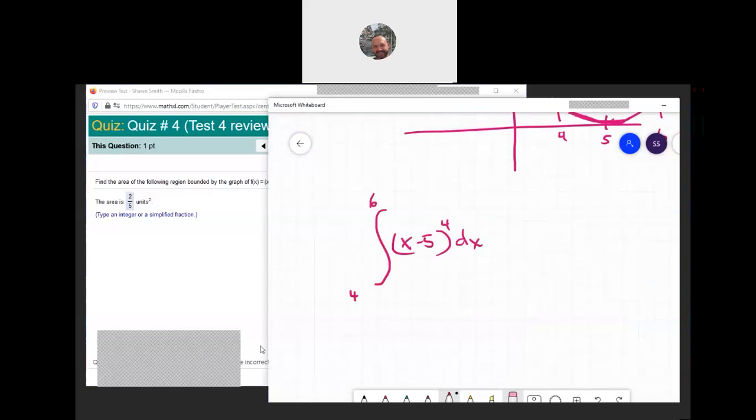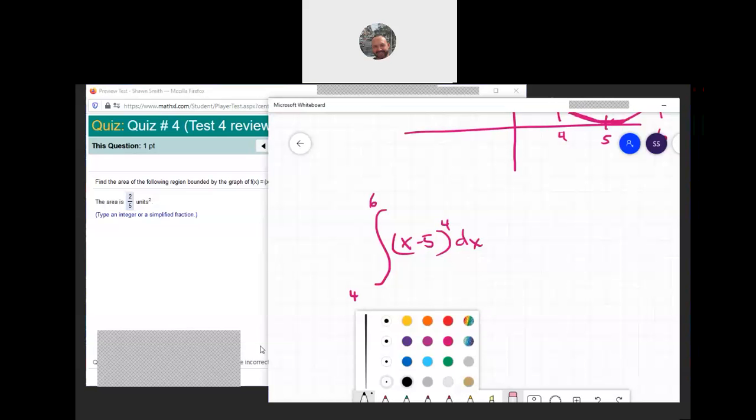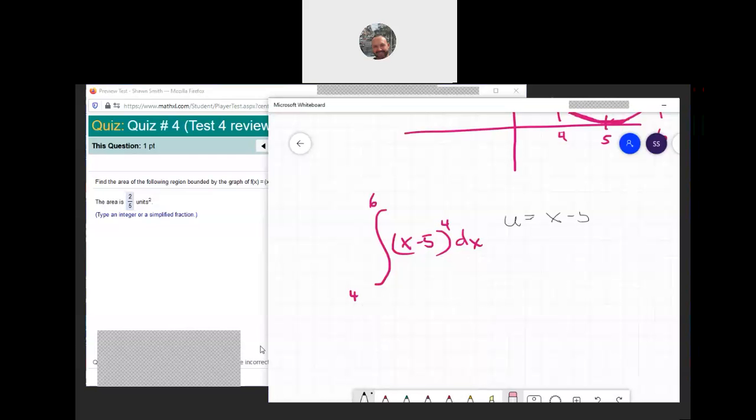All right, so you got to use a substitution because it's (x minus 5) to the fourth. So we're going to let u equal x minus 5. Therefore, du over dx, the derivative of that, is 1. Therefore, du is equal to 1 dx. 1 dx is dx. This is u.